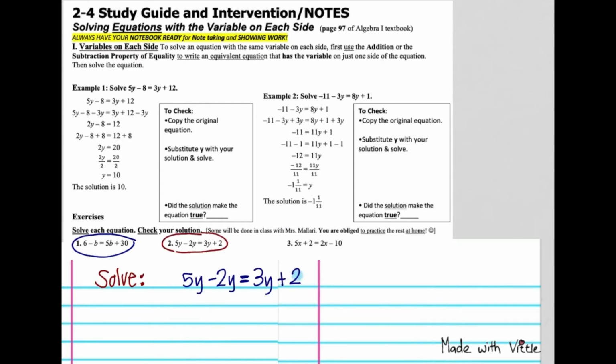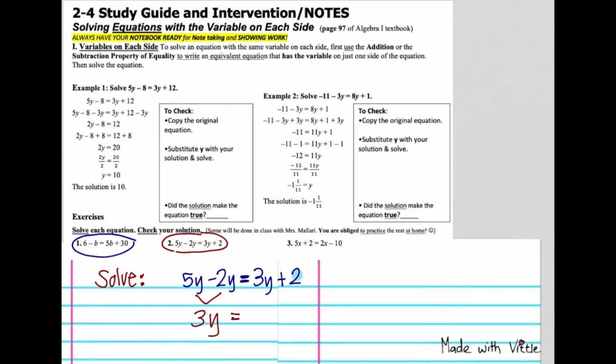The next example is 5y minus 2y will equal 3y plus 2. You know, on the left side of the equation, they are like terms, so we can go ahead and combine them. So you subtract because they're different signs. A positive 5y minus 2y will give you a 3y.